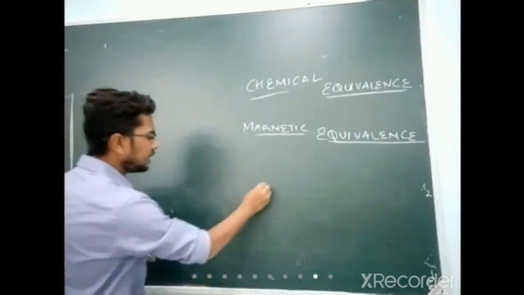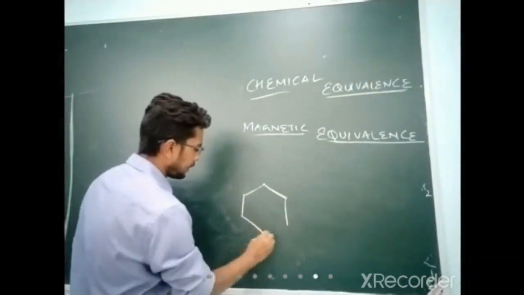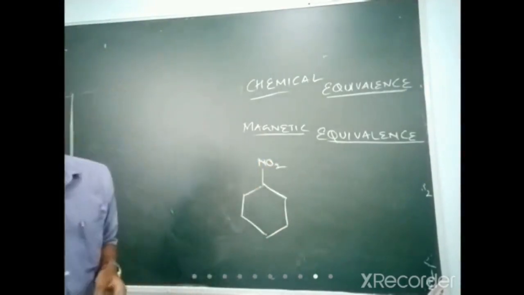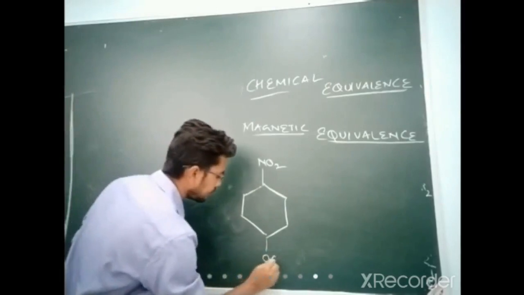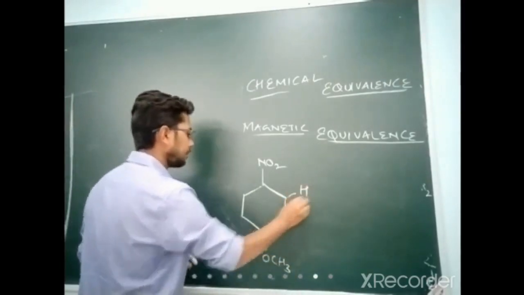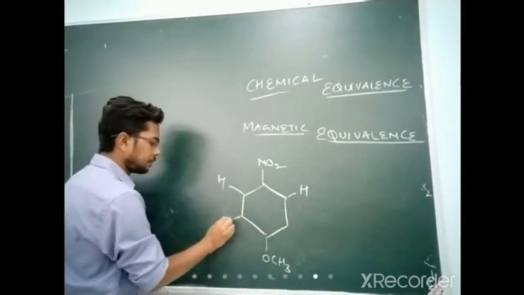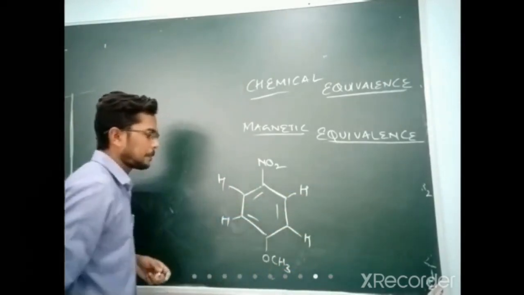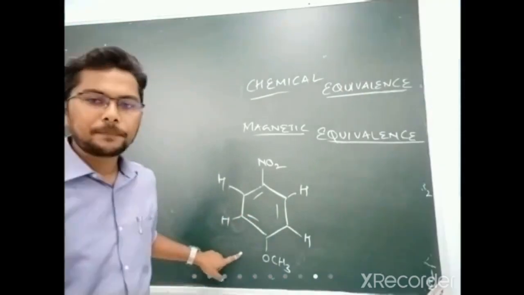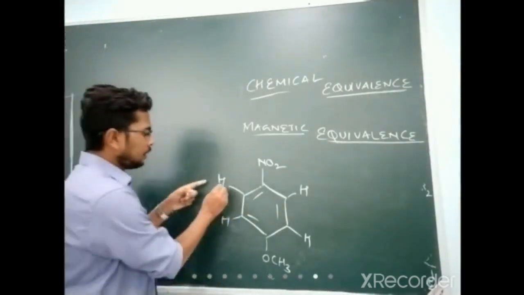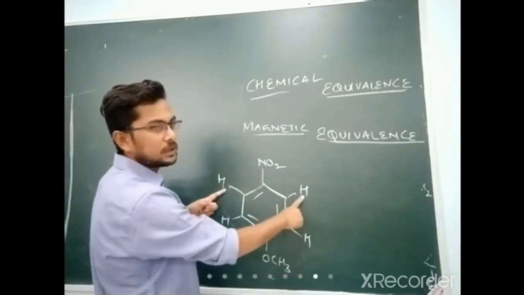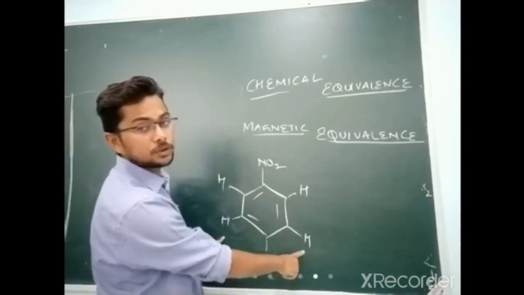If you see in this example, these two protons are the same and these two protons are the same. That means these two protons will give the same signal and these two protons will also give the same signal.